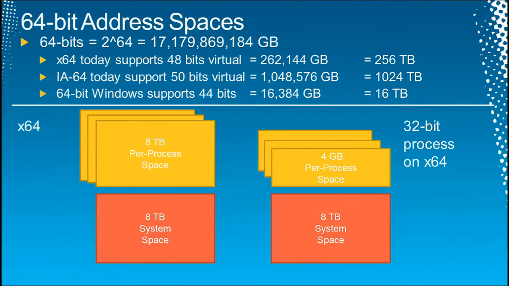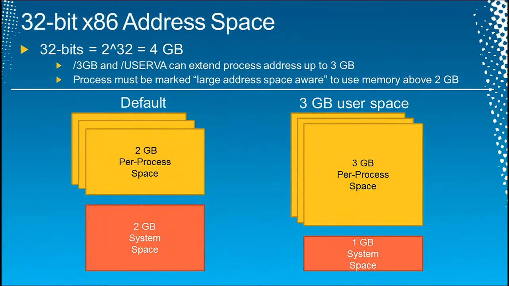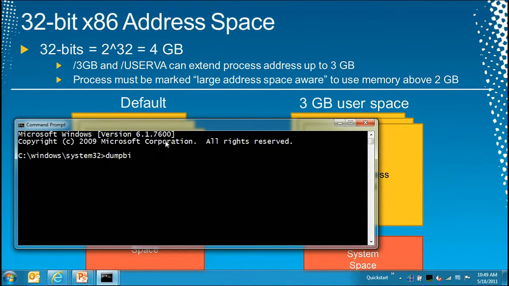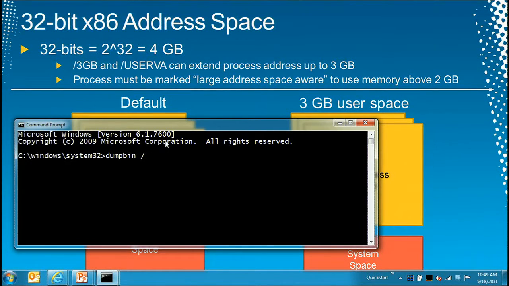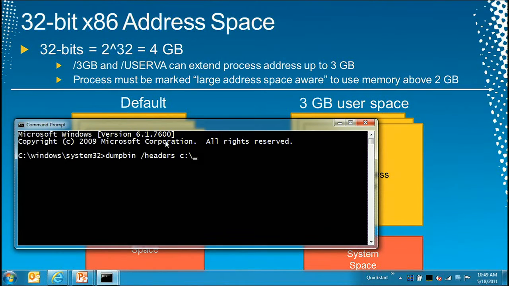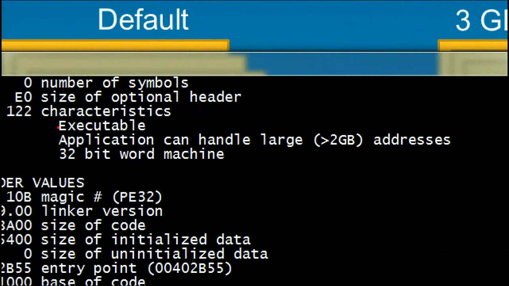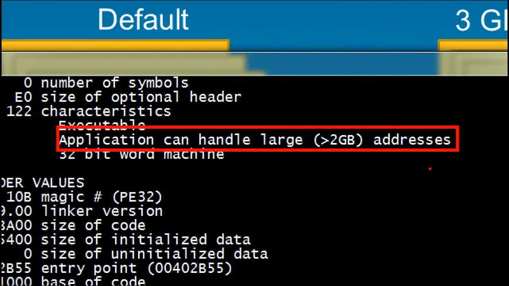And if you look at the right side, that's what a 32-bit process looks like on 64-bit Windows. Actually, one of the things back here is that to take advantage of that extra 1 gig there on the right side, you've got to have an image that's marked as large address space aware. I've got such an image, which I mentioned, Testlimit, and if you run dumpbin, which is the linker tool that comes with Visual Studio, and dump headers on Testlimit, you'll see here that one of its characteristics is application can handle large 2 gigabyte addresses.